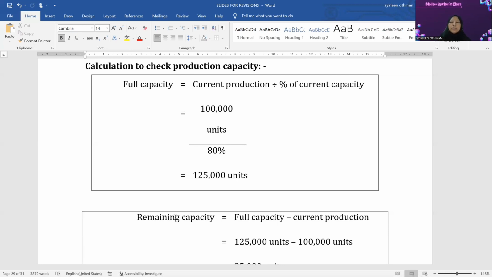Okay, sebab kita cuma tumpang mesin kita untuk produce sahaja. That's why the price for you to sell the component that you manufacture to that company that made the special order is normally lesser than the normal price yang you biasa buat untuk jual your own component.